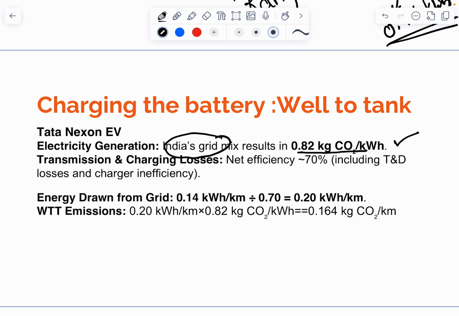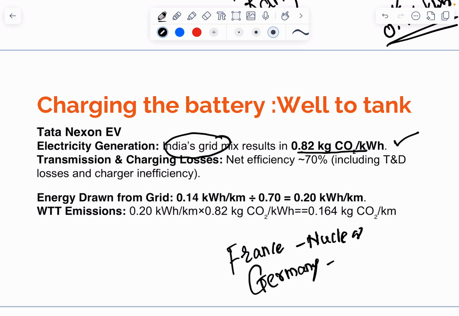As I said, if you consider France, where most of the energy comes from nuclear, this value would be pretty low. Or Germany, where again some 40% would be coming from solar, this would be a lower value, right? So this parameter would vary from country to country. For the present Indian case, we can take it as 0.82 kgs of CO2 per kWh.